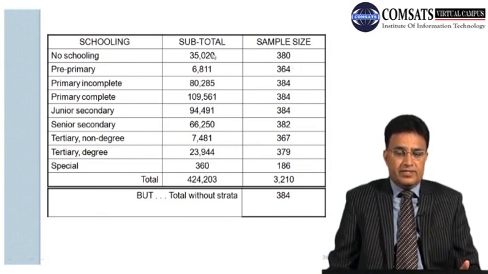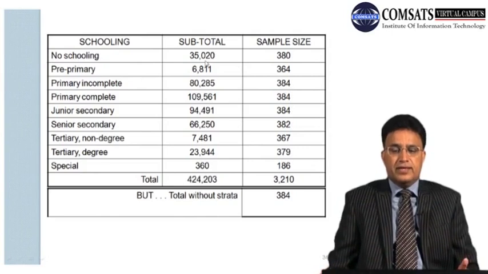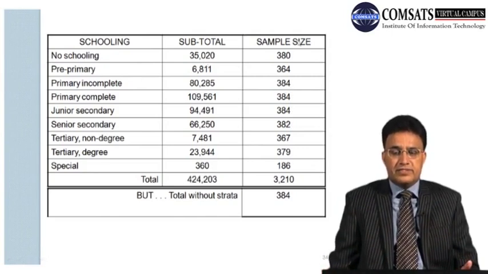Look, if for no schooling their total number is 35,000, you calculate it. So what would be the sample size for this number, 35,000? Well, the sample size required is 380 from here, and pre-primary, 6,811 is the subtotal.